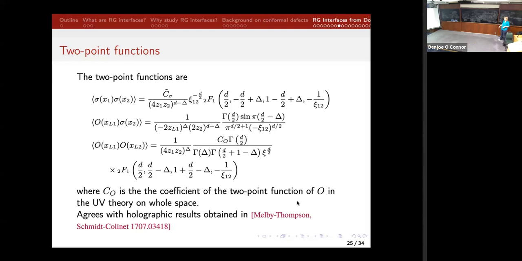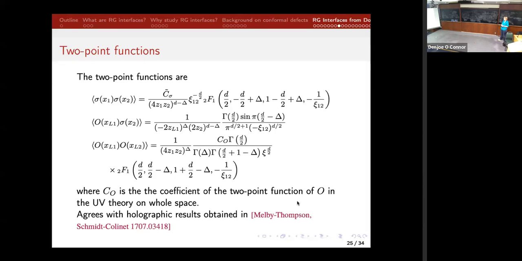I was saying that in the limit where psi is large, it reduces to what you would expect for conformal field theory, because very far from the defect, you should recover conformal field theory. Does that answer your question? Just because of the defect. Yes, we've broken the conformal symmetry.